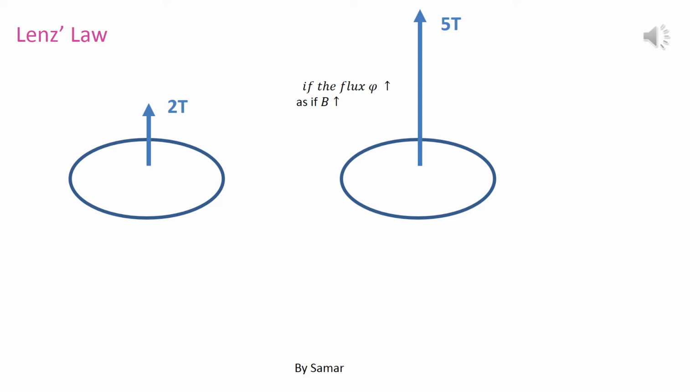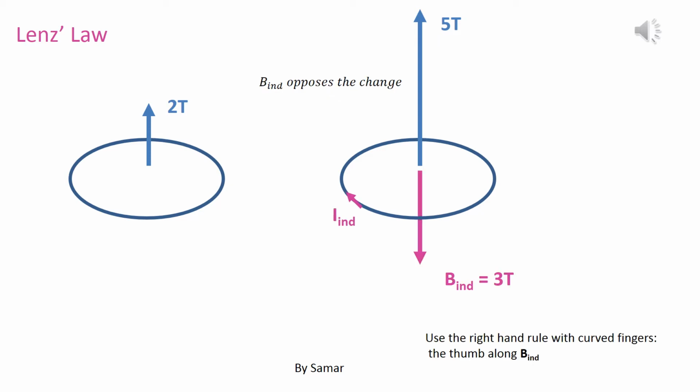So it will create 3 Tesla down, and that's how you find the direction of the current using the right hand rule with curved fingers: you put your thumb down with B induced, and the current is circulating in the direction of your fingers. So please remember that the I induced is always related to the direction of B induced, not the B external.